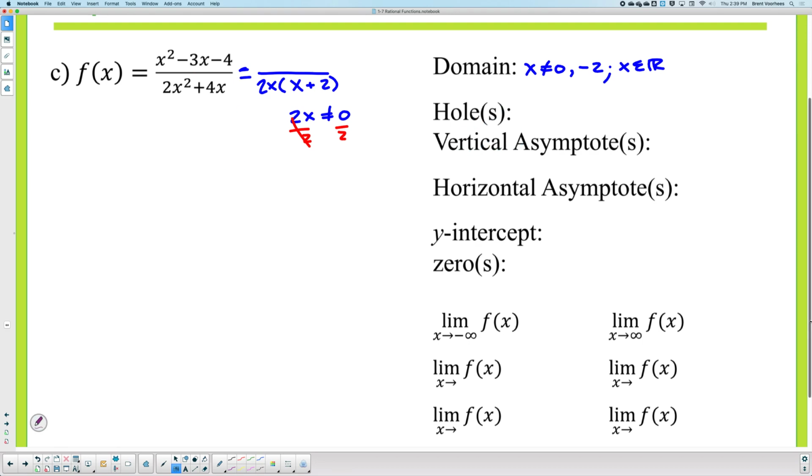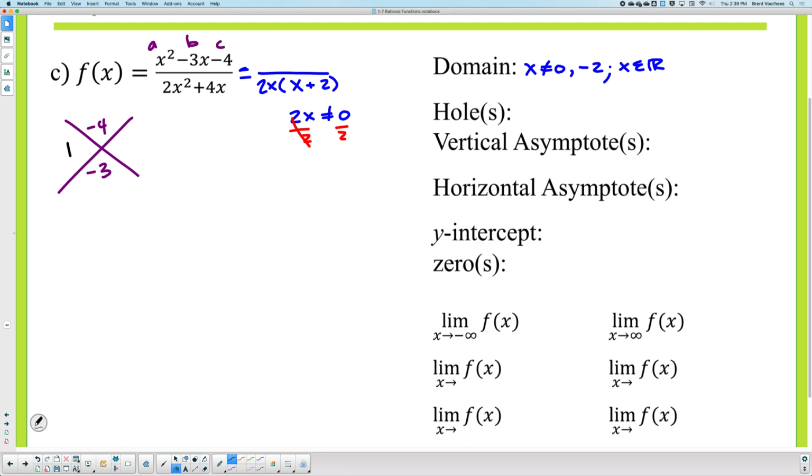This one I need an x method. So I have an a, b, and a c. What's a times c? -4, and my b? Okay, the factors of 4 were 1 and 4 and 2 and 2. 1 and 4. Which one can somehow combine for a -3? 1 and 4.